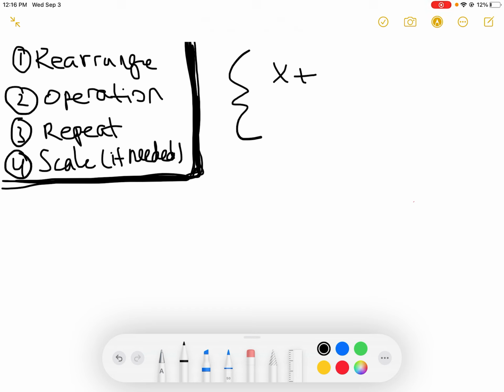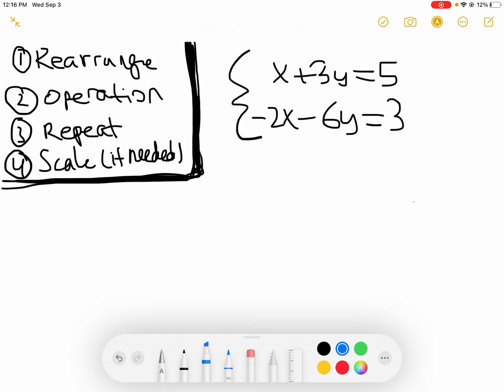So here is our system of equations this time. And what's going to happen here is rearrange. Actually, we don't need to, okay? So instead, now we do an operation.